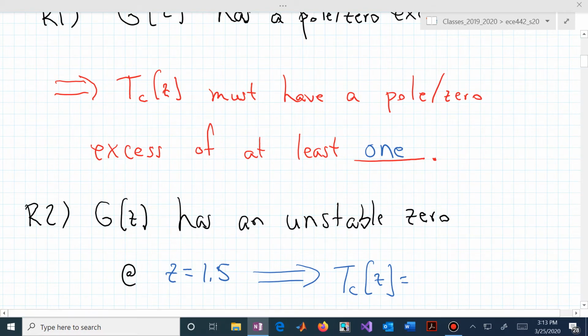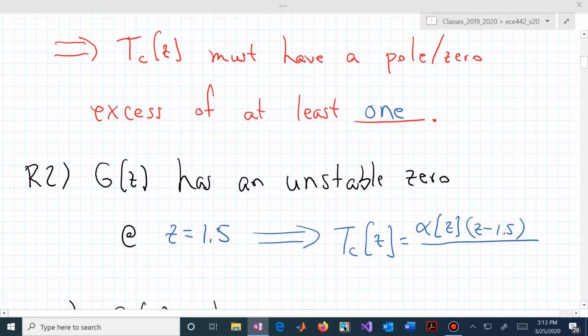So now we need a polynomial in the numerator. It's going to factor, and one of the factors in that numerator needs to have a root at z equal to 1.5. We don't yet know how big alpha of z is going to be in terms of a polynomial. Maybe I should put that in square brackets.